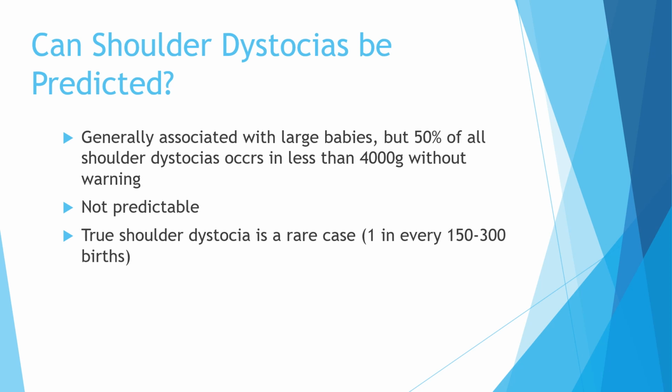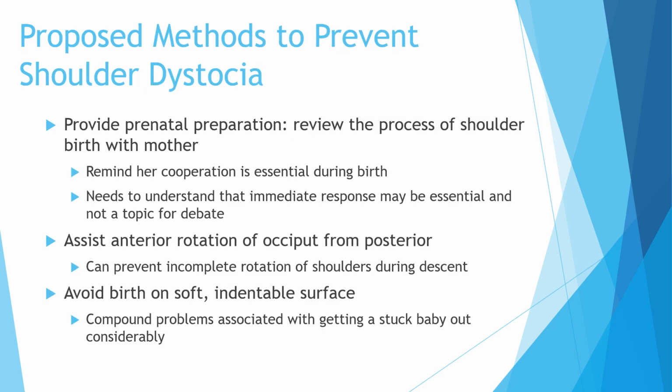Having a care provider that respects and understands the normal restitution of labor versus actively trying to deliver the shoulders will affect a shoulder dystocia risk. So there's a lot of things to think about, and understanding the shape of her pelvis, being proactive, what positions are best for this woman to try.